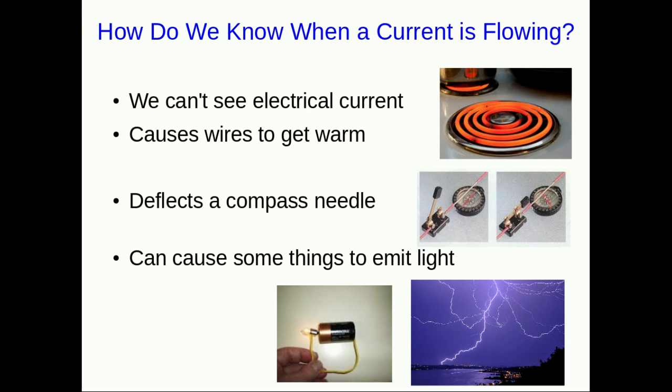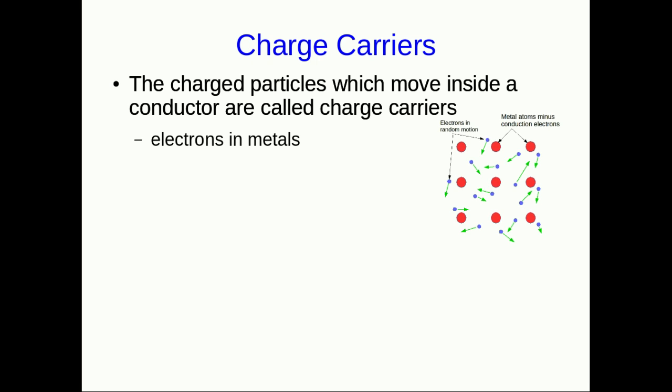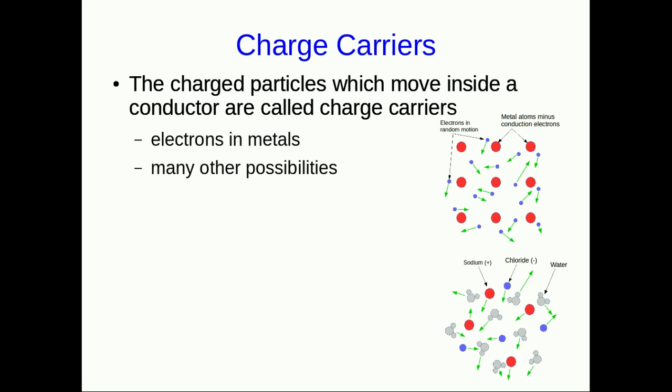Whenever current flows in a material, there have to be some sort of charged particles which are moving inside it. We call these the charge carriers for the material. And of course, in metals, where we know the electrons are mobile, the electrons, unsurprisingly, are the charge carriers. But there are many other possibilities.